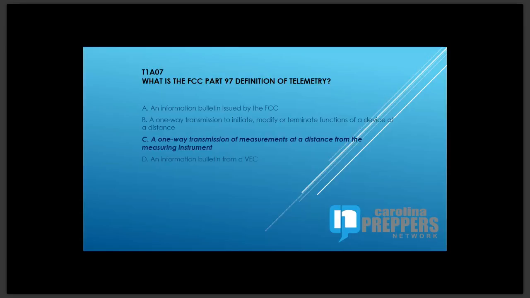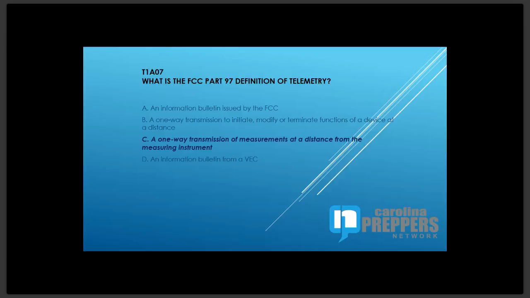So an information bulletin from a VEC. VEC is Volunteer Examiner Coordinator. Your ham radio operators that have nothing to do with VEs will never see bulletins that come from a VEC. It will never happen.